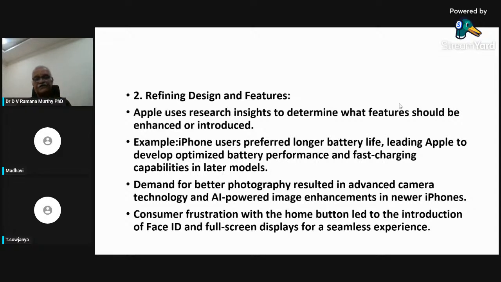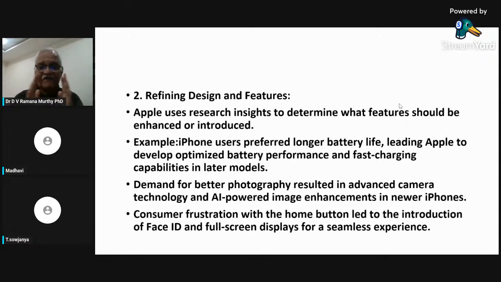Example, iPhone users preferred longer battery life, leading Apple to develop an optimized battery performance, and fast charging capabilities in recently launched models. So that's interesting.